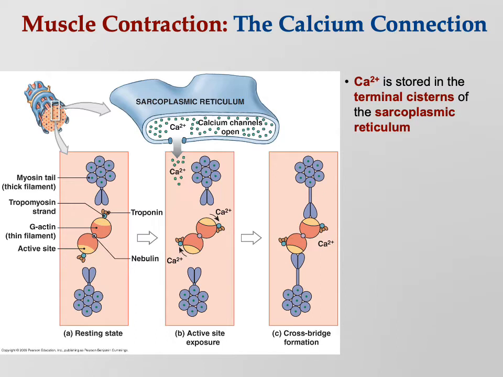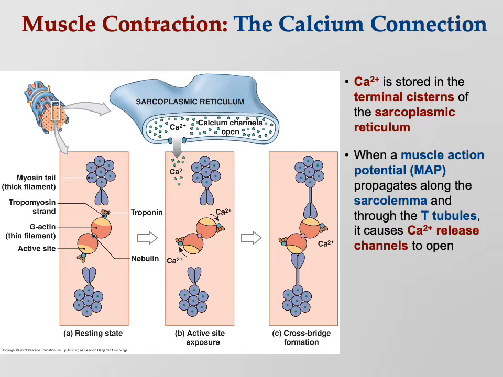that's when the calcium can then actually move troponin tropomyosin out of the way, and the myosin head can grab hold of that actin filament. When a muscle action potential propagates, a cool word, we're going to start using that a lot when we get to the nervous system, along the sarcolemma and through the T-tubules, it causes the calcium release channels to open. That's their official name, the calcium release channels.